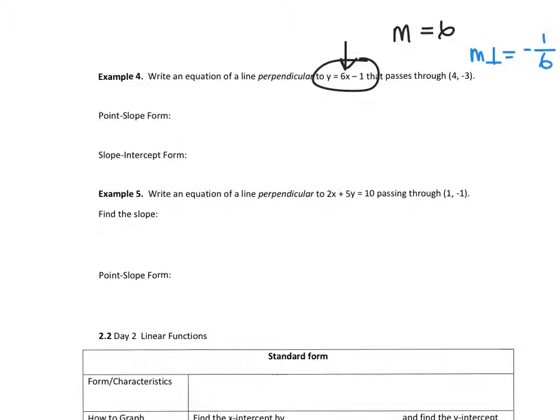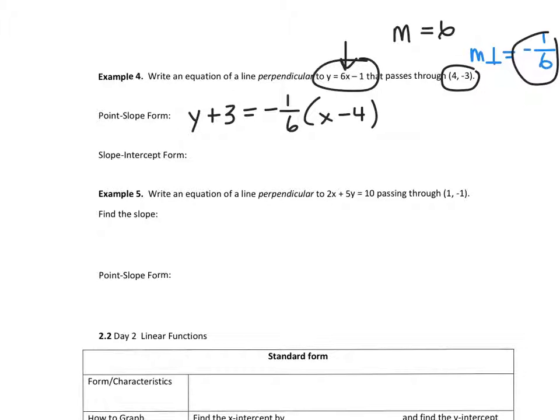So I'm going to take this point and this slope and write it in point slope form. It's going to be y plus 3 equals negative 1/6 times x minus 4. To write it in slope intercept form, I'm going to solve for y. So distribute this.